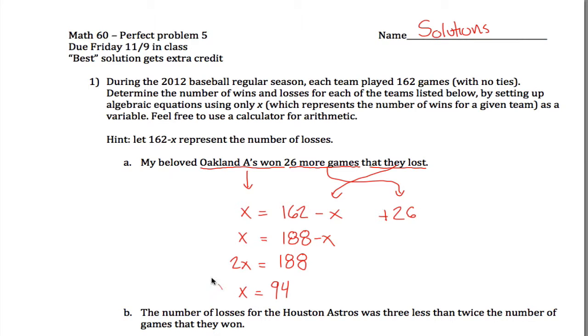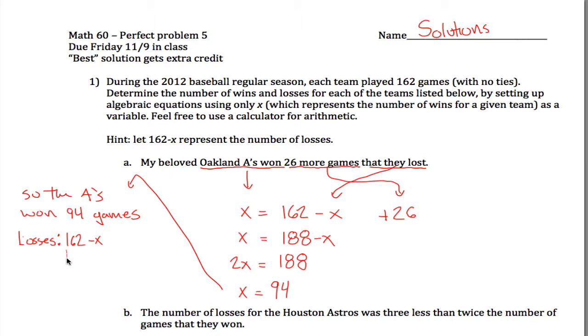So the A's won 94 games. Pretty impressive, considering their small payroll. And we can figure out how many they lost also. 162 minus X is the losses. So losses is 162 minus X. But we know that X is equal to 94.